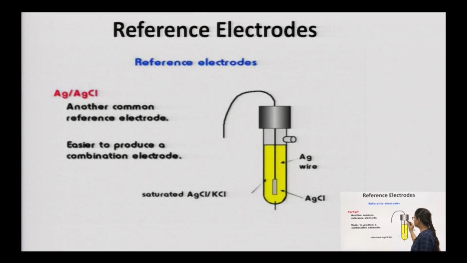Here the electrode works as a simple wire of silver which is dipped in a solution of silver chloride. Another common reference electrode, you can see in the diagram, is the wire of silver dipped in the solution of AgCl.